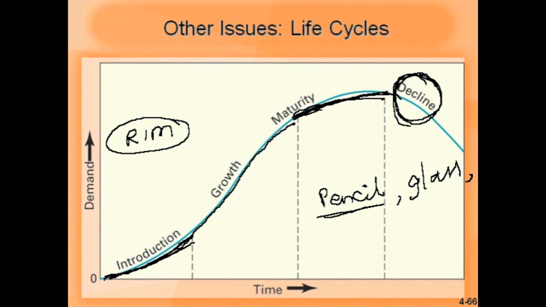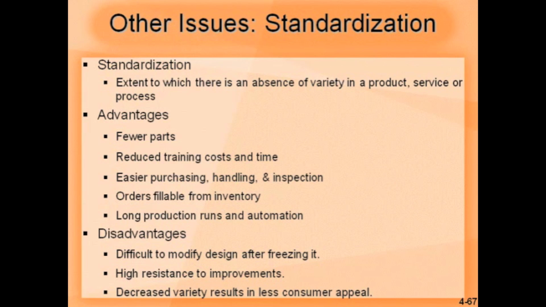Now, another important issue at the time of design is standardization. Standardization, as the name suggests, is the extent to which there is an absence of variety in a product, service, or process.